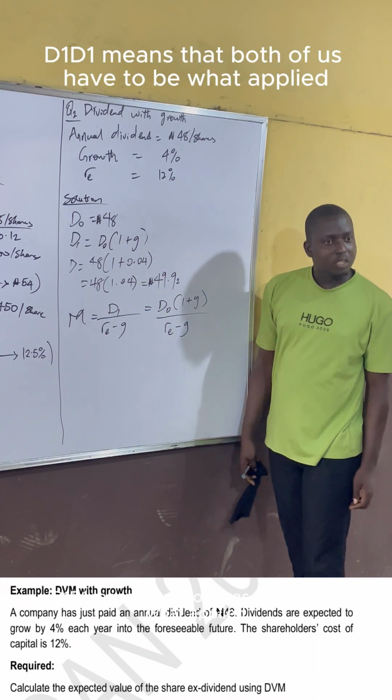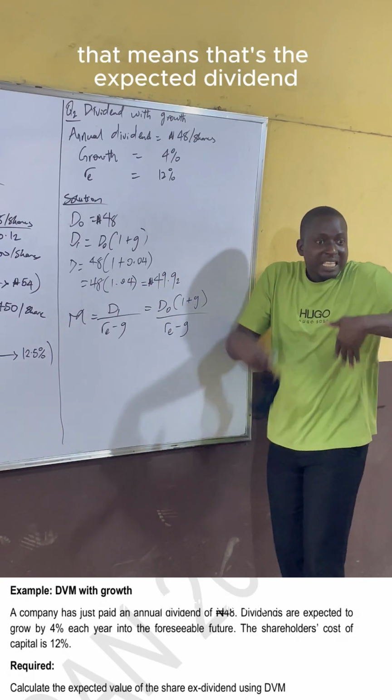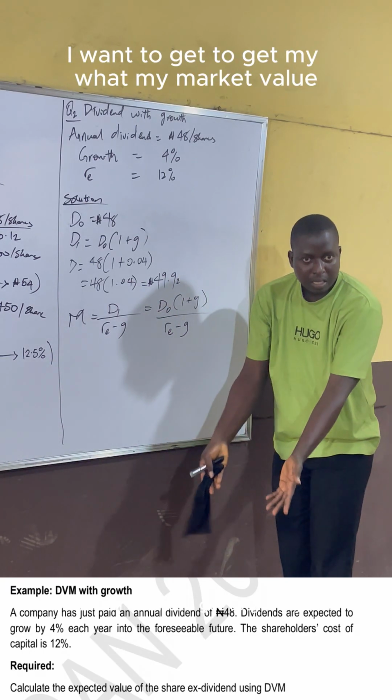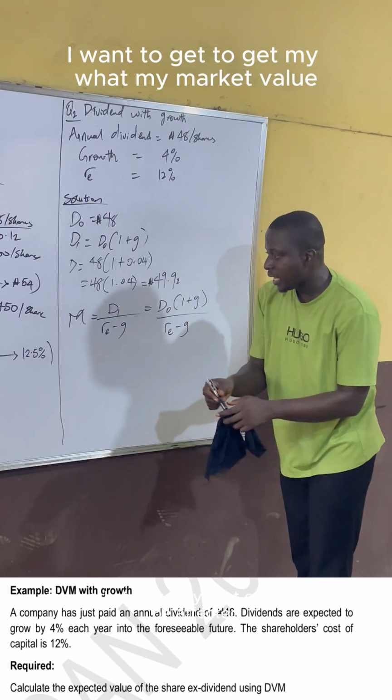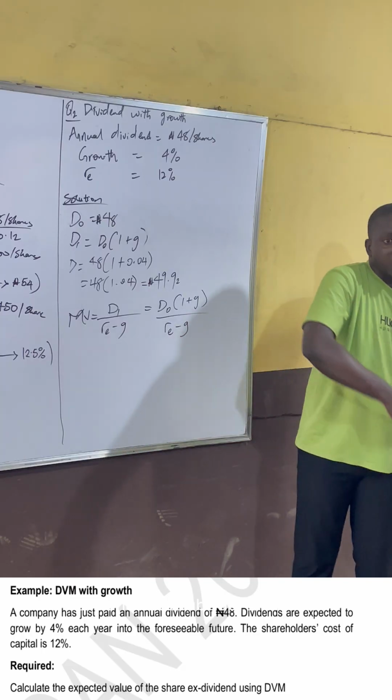It has to be D1. D1 means that growth has already been applied. That means that's the expected dividend I want to use to get my market value. My cost of equity will be affected too. I have to subtract the growth.